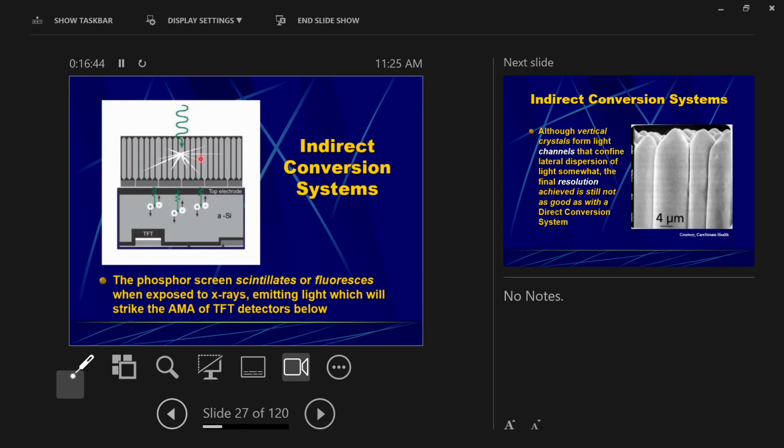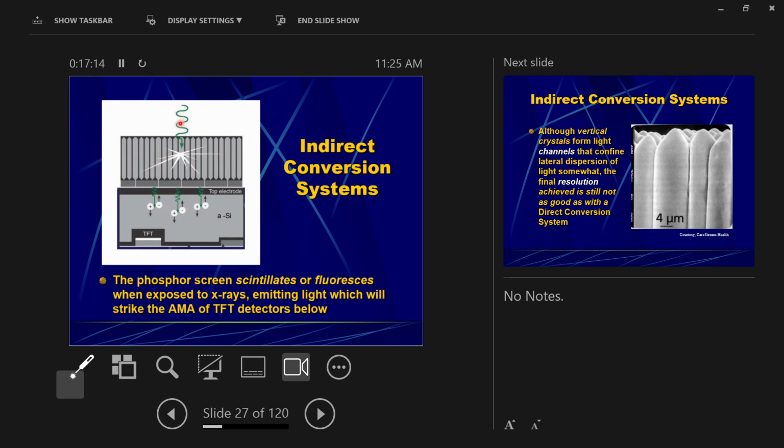They're all set in columns, just like it shows here, sitting on top of the detector. We're looking at it as a cross section right now, with X-rays coming in from the top, hitting the scintillator surface, and light spreading out from the surface down to the detector.